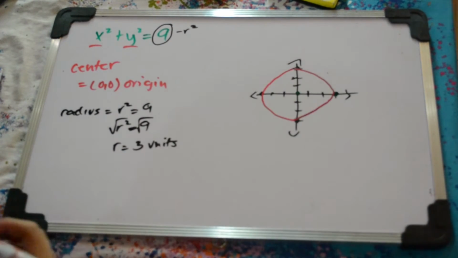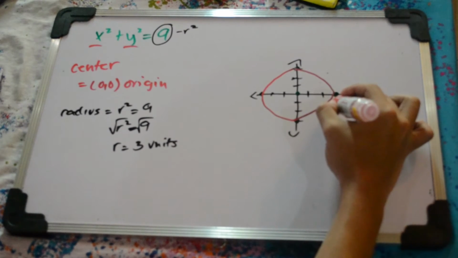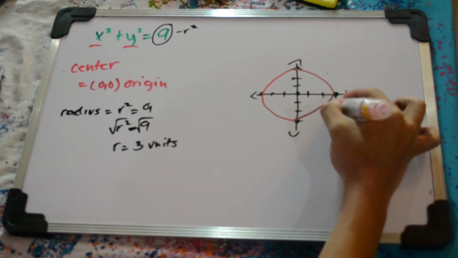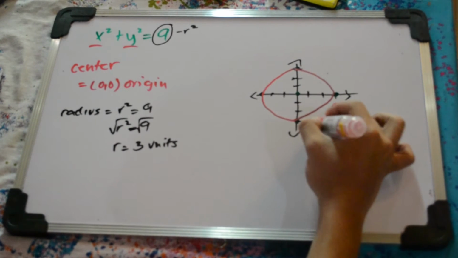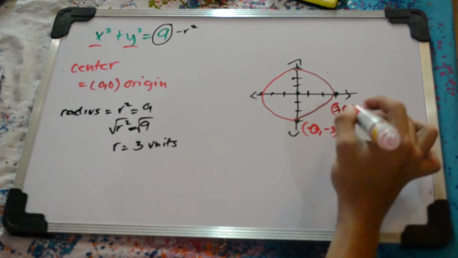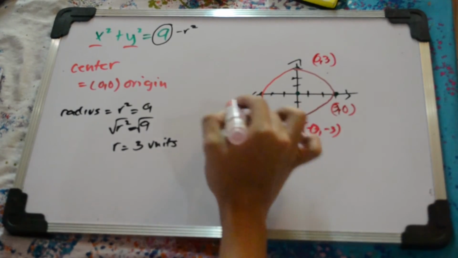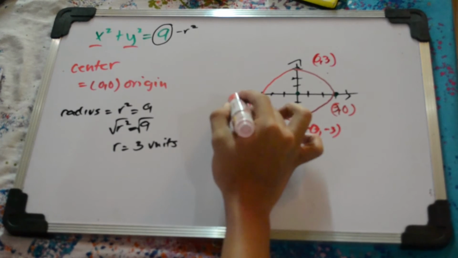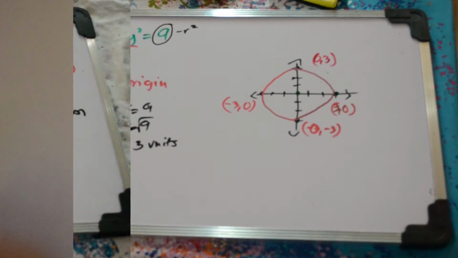Then plot the points (3, 0), (negative 3, 0), (0, 3), and (0, negative 3). And there you have it. You have your circle with the equation x squared plus y squared is equal to 9.